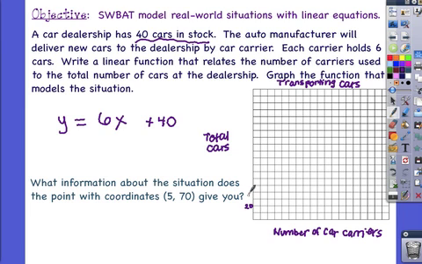And we can label, I'll go by tens. And then the number of cars.